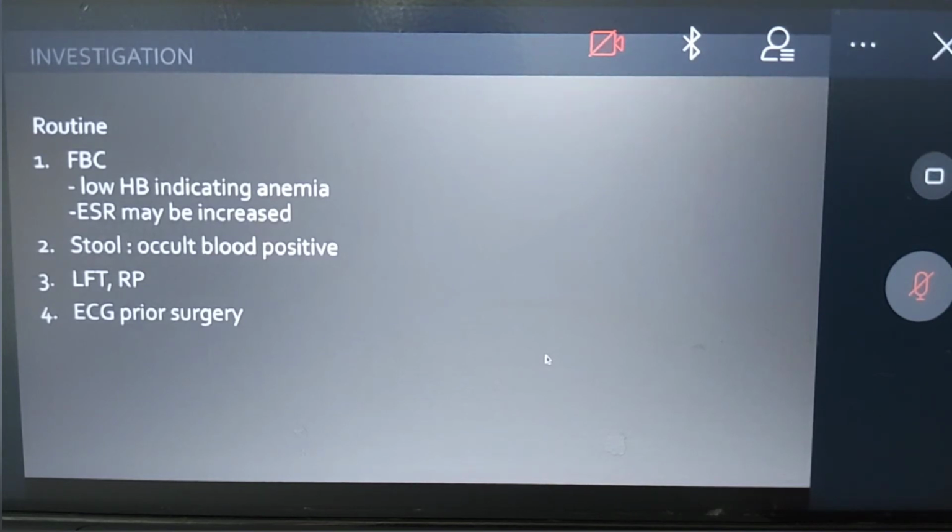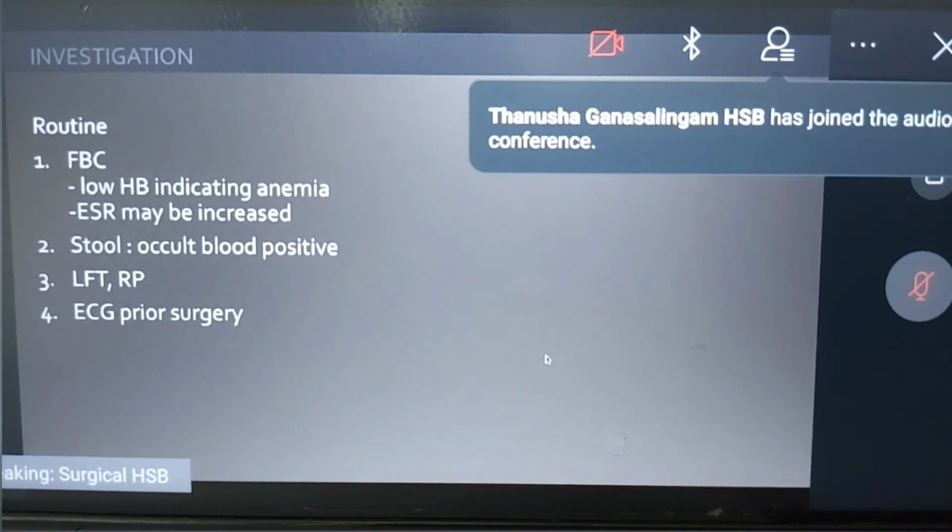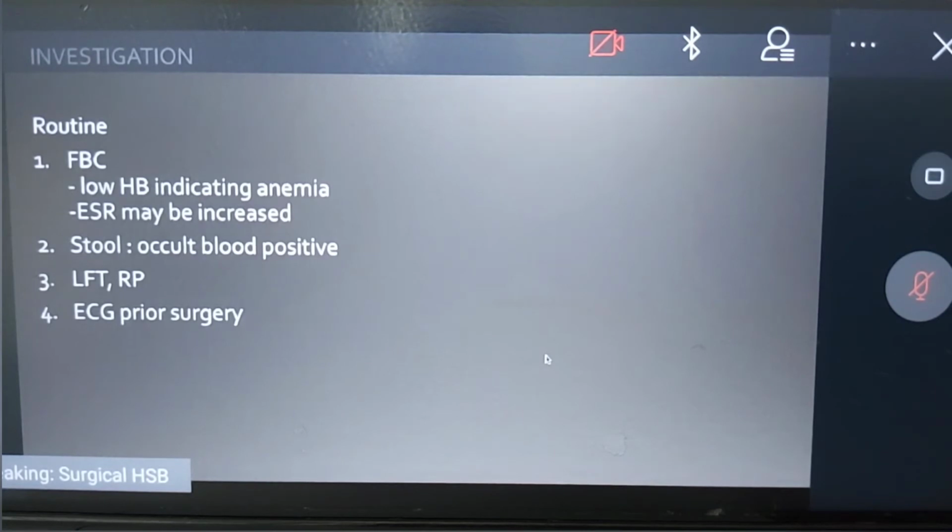So for investigation for colon CA, first we do the routine investigations like FBC. We look for the Hb, which can indicate the anemia. ESR might be increased. Then occult blood in stool, LFT, RP, and also ECG before the surgery.